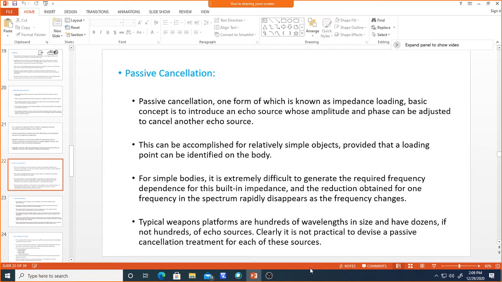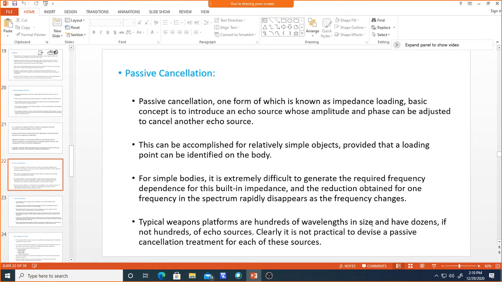Different weapon platforms are used in military applications. For example, in a defensive application, some bombs, explosives or other targets are carried on a single platform, so the platform itself has many multiple things on it.